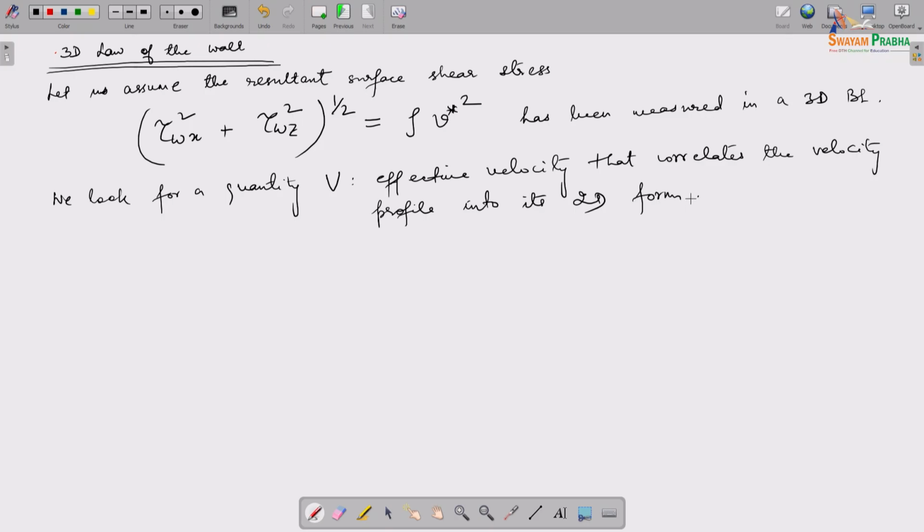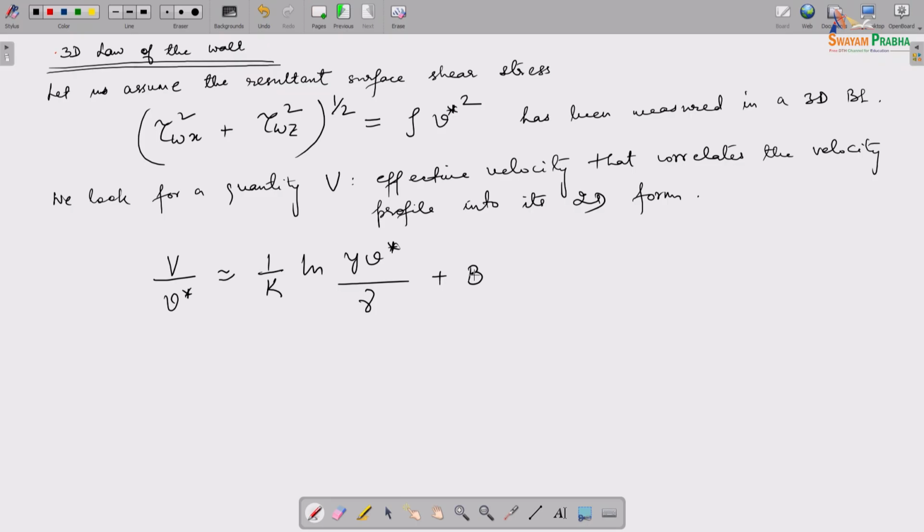So, we are trying to look for an effective velocity, right, that correlates the velocity profile into its 2D form.